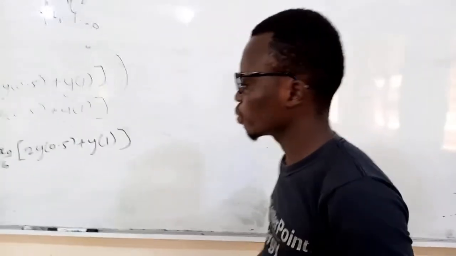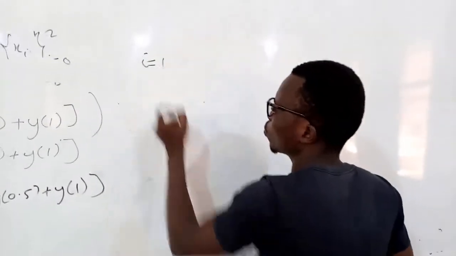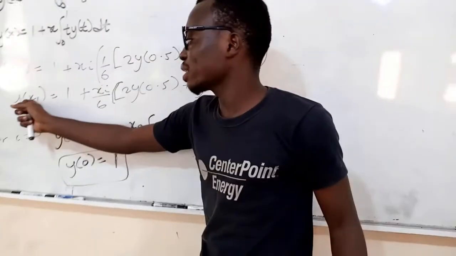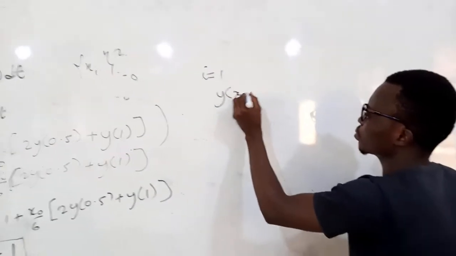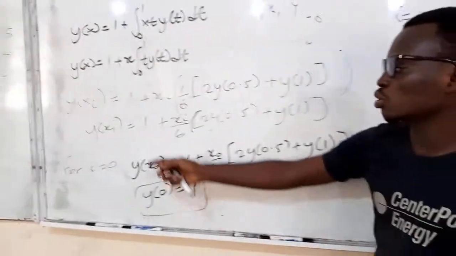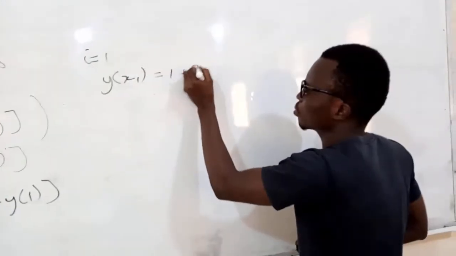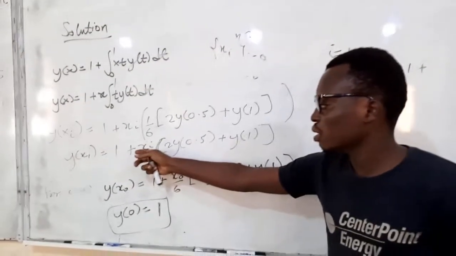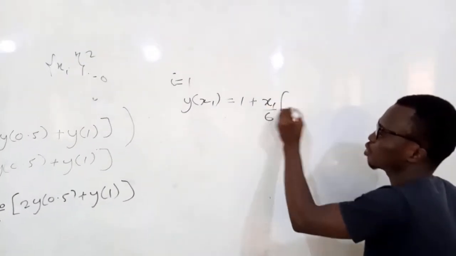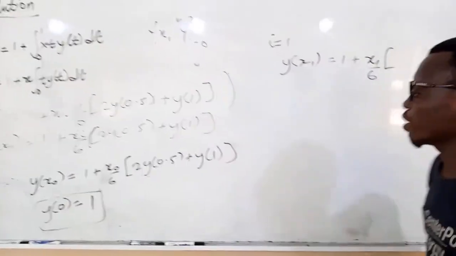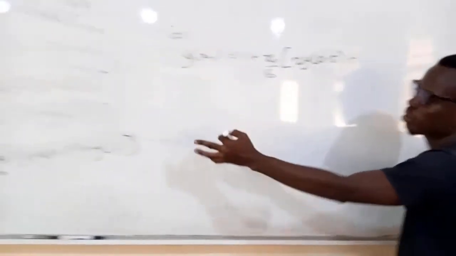The next iterative solution, when i moves to 1, that means i equals 1. I'm going to have y(s1), which is equal to 1 plus s1 divided by 6, bracket 2y of 0.5 plus y1.